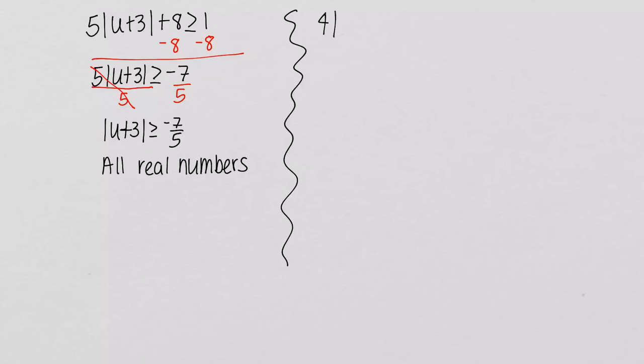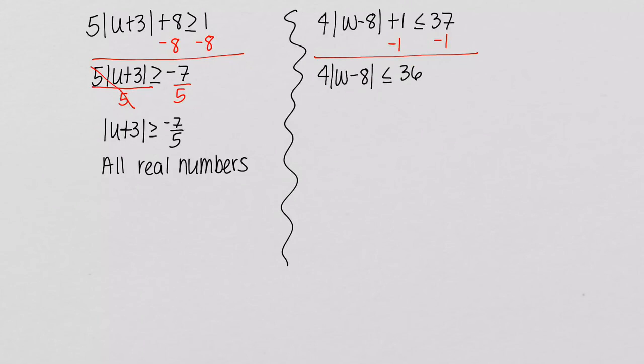Let's do 4 times the absolute value of w minus 8 plus 1 less than or equal to 37. I'm going to start by subtracting 1 off both sides. We have 4 absolute value of w minus 8 less than or equal to 36.